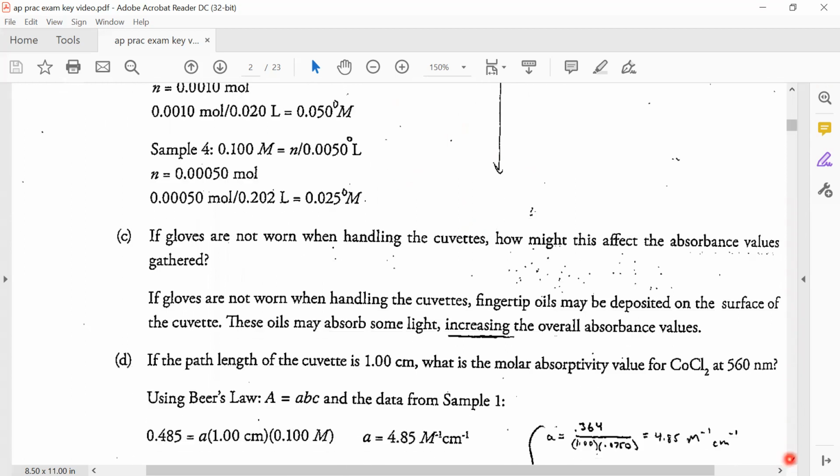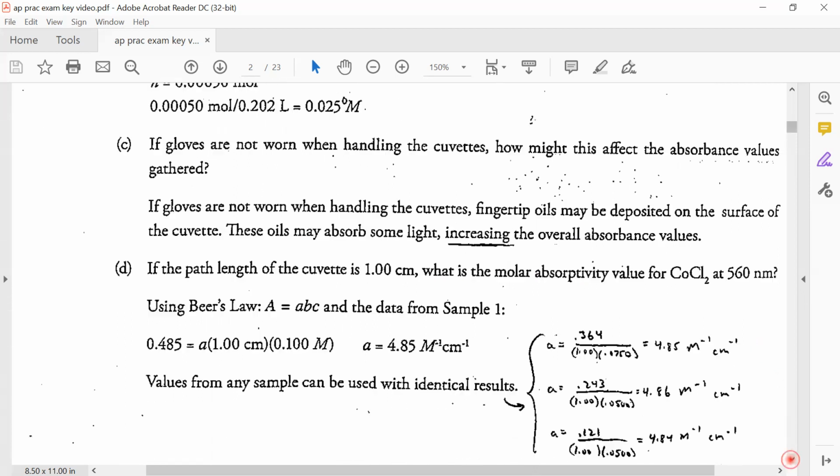And then if you get finger marks or smudge marks on here, that's going to increase the absorbance. It's going to make it less transmittance, more absorbance, because you're blocking the light. So that's what would be going on with question C.